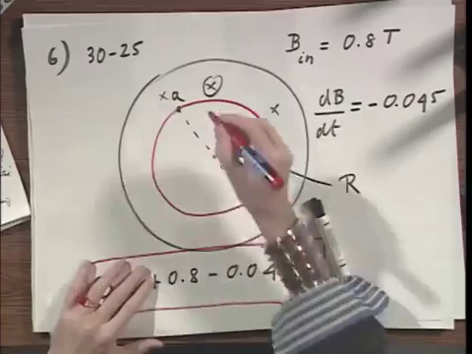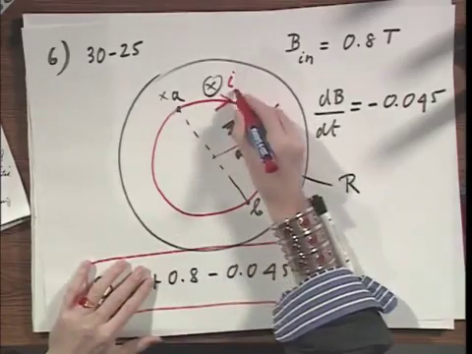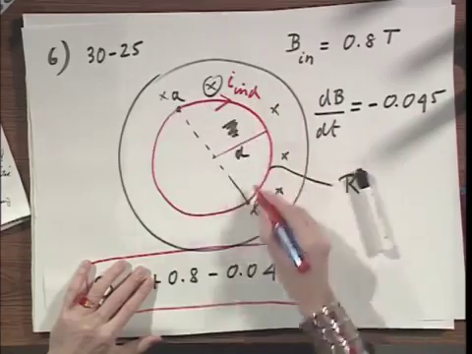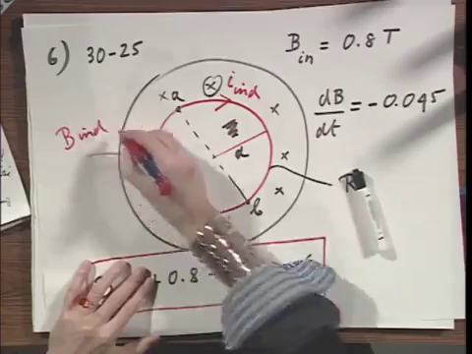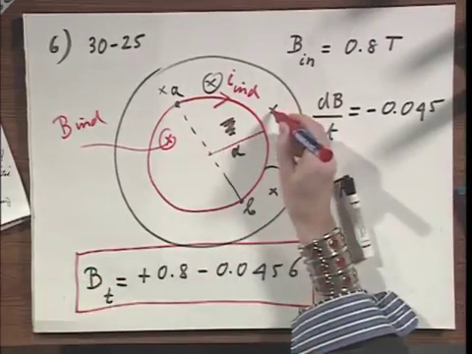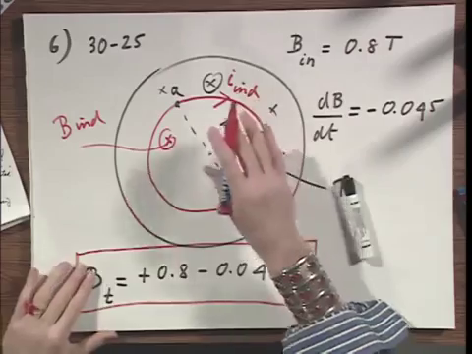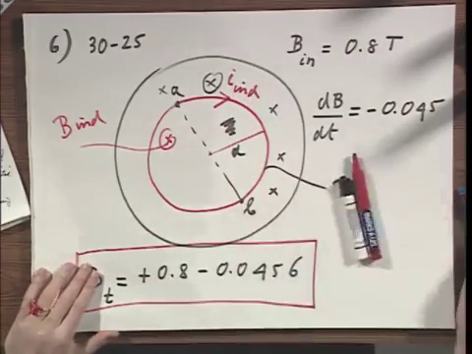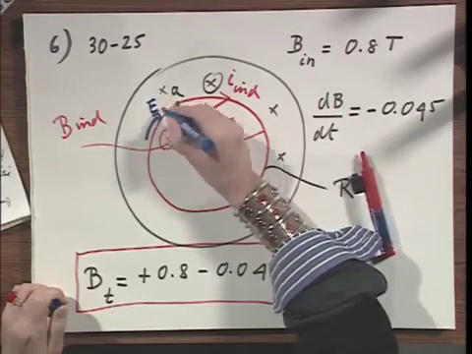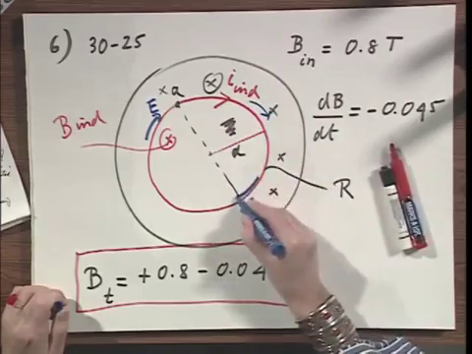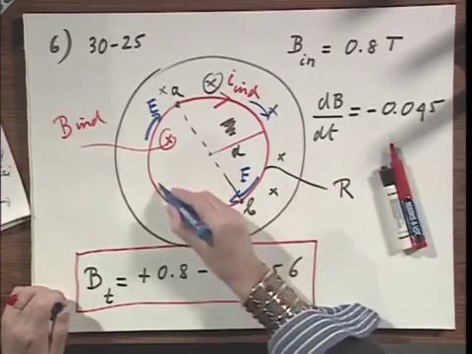The system opposes that, and therefore the system will try to keep the field pointing into the paper as much as possible, and the only way it can do that is by driving an induced current in clockwise direction, because that will give you an induced B field in this direction, which will oppose the change, namely that the B field becomes weaker and weaker and weaker. So inside this wire, there must be an electric field that must be building up, which will be driving this current.